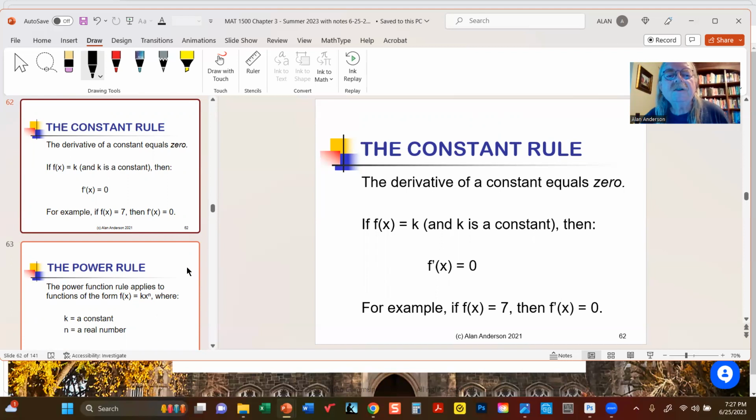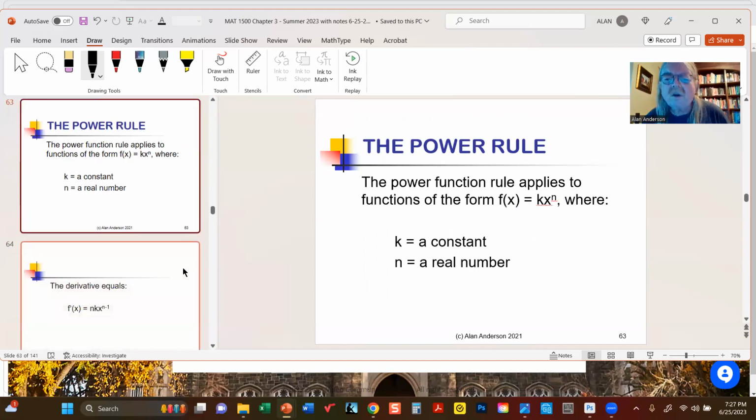All right, now this one is incredibly important. You'll see this all the time. So in this example here, just bear in mind that k and n are both constants. x is the only variable in this expression.